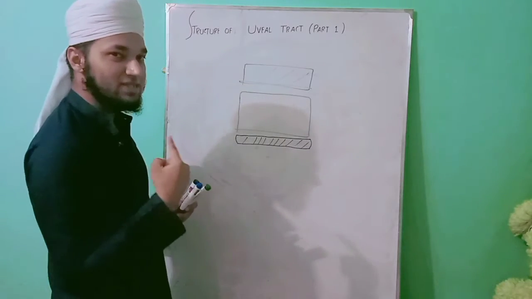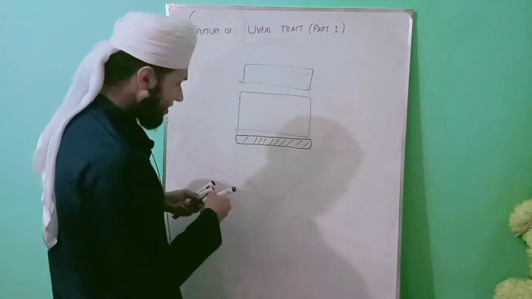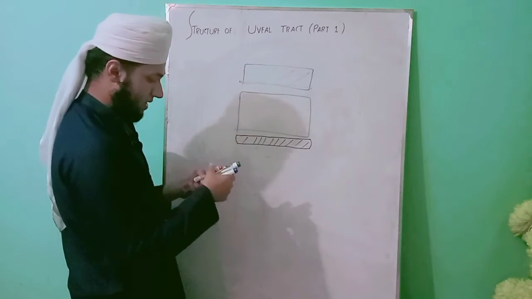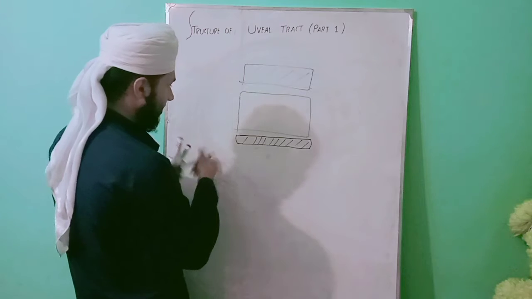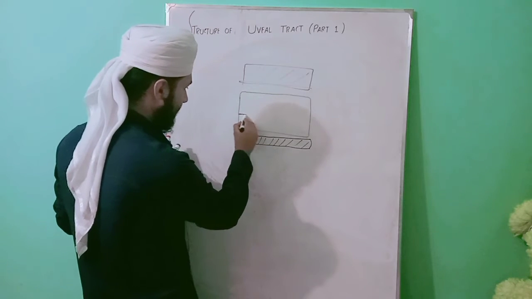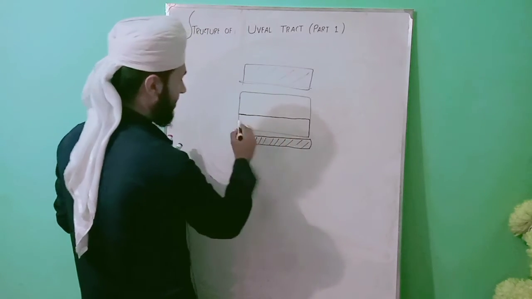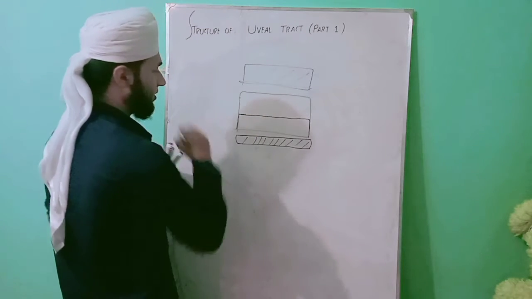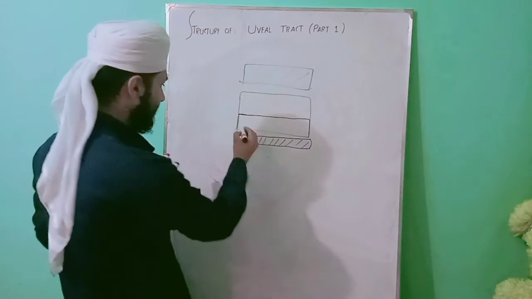Now we will discuss each and every layer in detail. The outermost layer has a loose meshwork of collagen and elastic fibers.